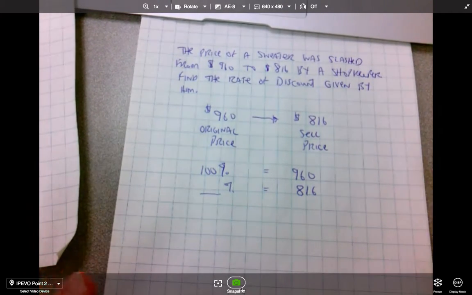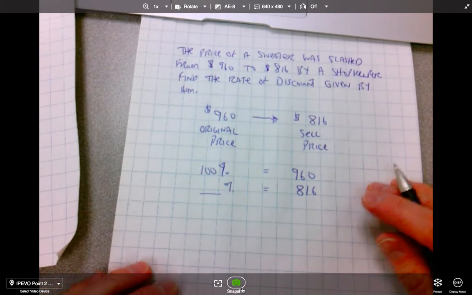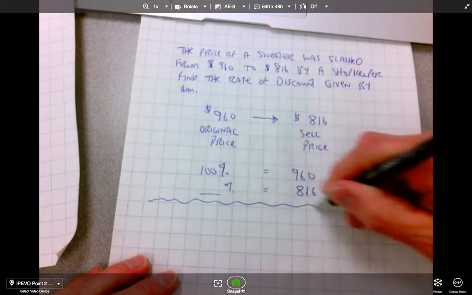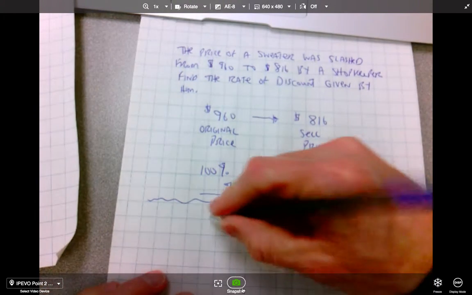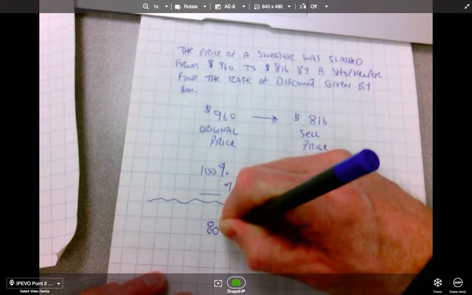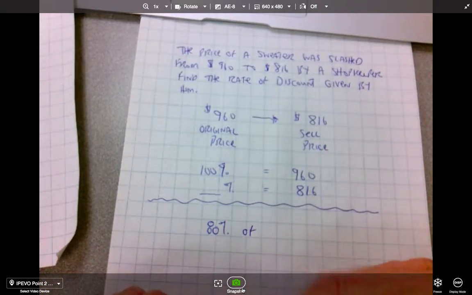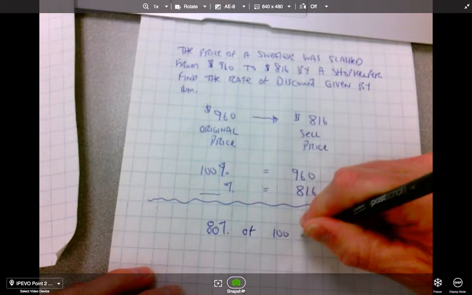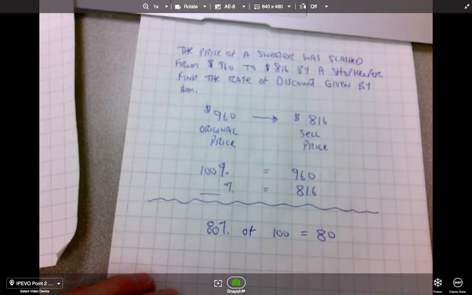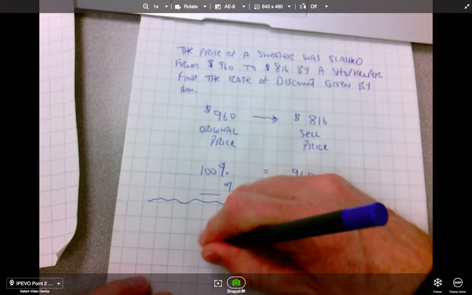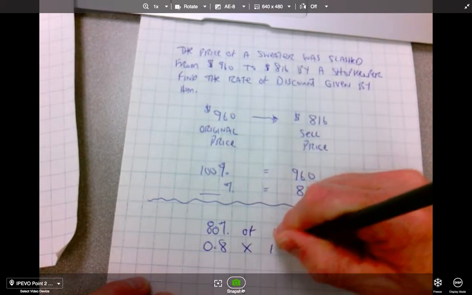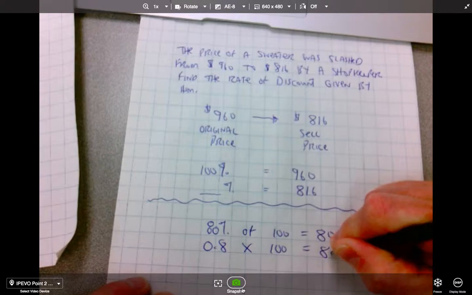So let's try to make sense of this problem. I'm going to use an example here. Hopefully this helps. I'm going to use some different numbers. Okay, so let's see if this helps. 80% of 100 equals 80. Another way of writing 80% of 100 is 0.8 times 100 gives me 80.